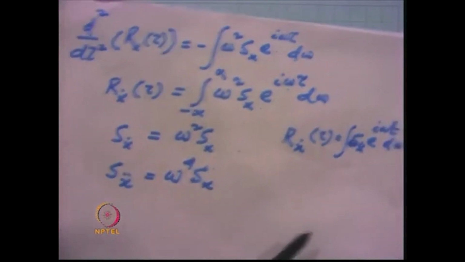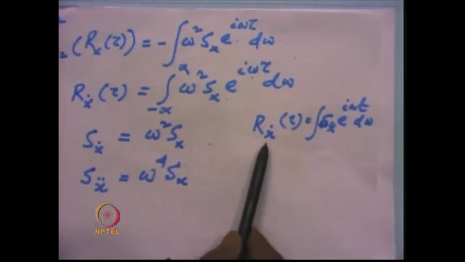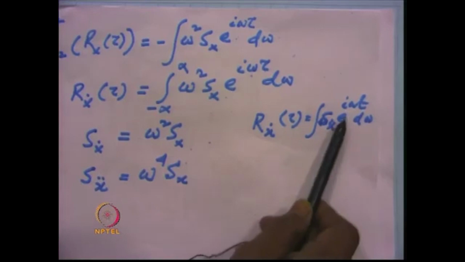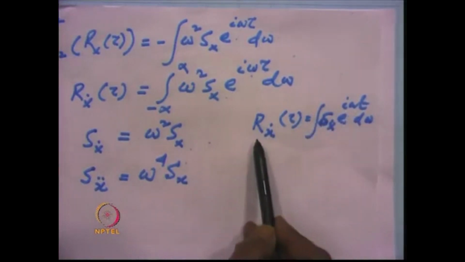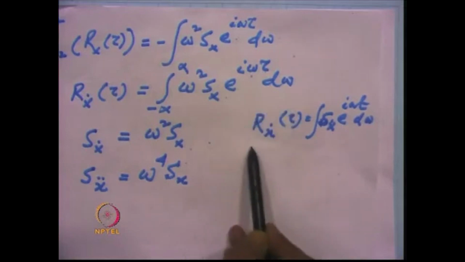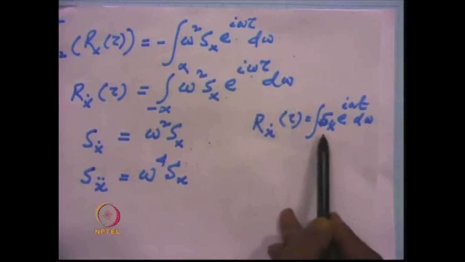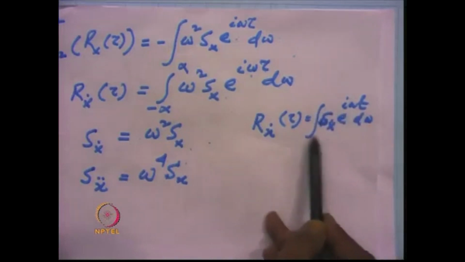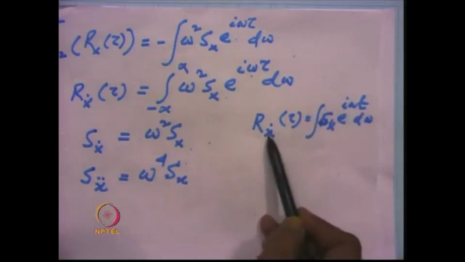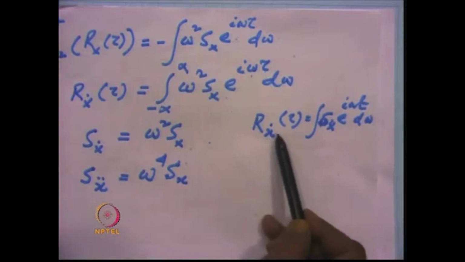Now, since r x dot tau itself can be written as integral of S x dot e to the power i omega tau d omega, that is the autocorrelation function of velocity and the power spectral density function of velocity are related by a Fourier transform pair.